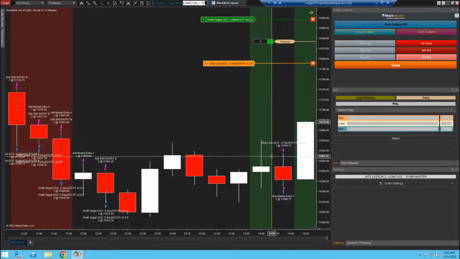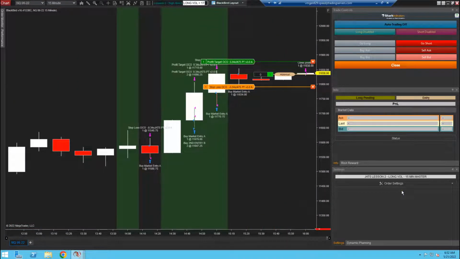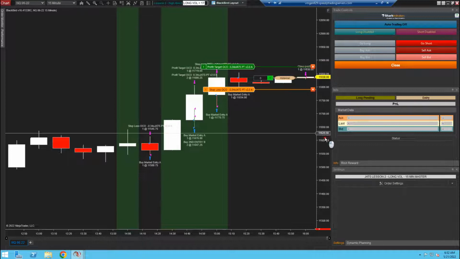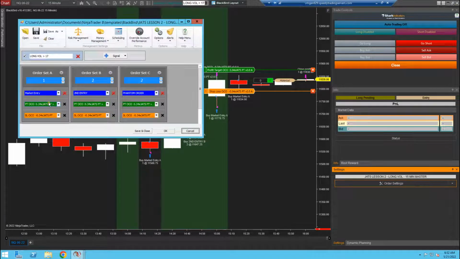You need a robust strategy that's going to trade dynamically with the market, and that's what the volatility does. The volatility indicator sizes itself to the current correct volatility. So you don't have to make those calculation adjustments, it does it itself.